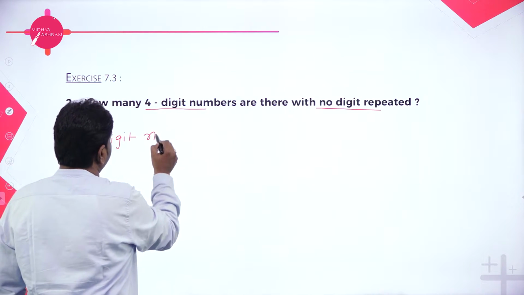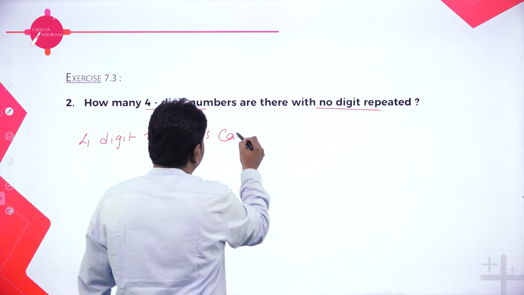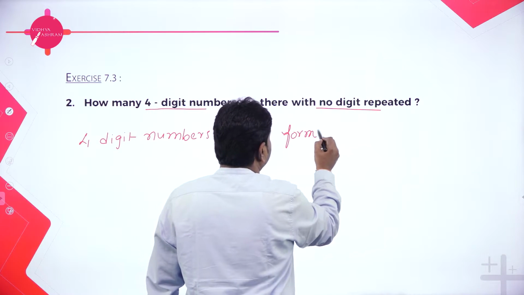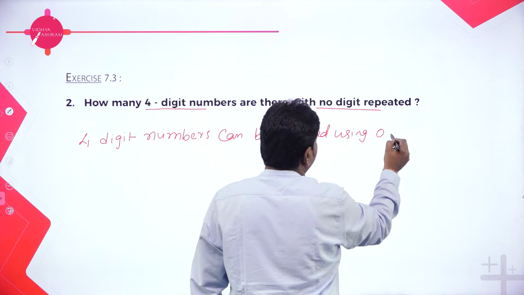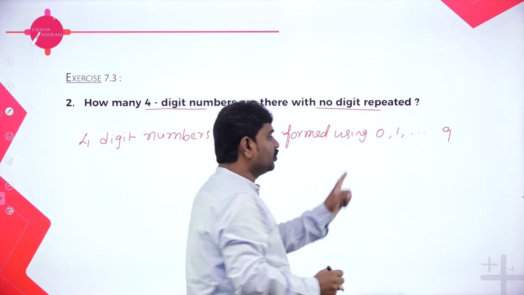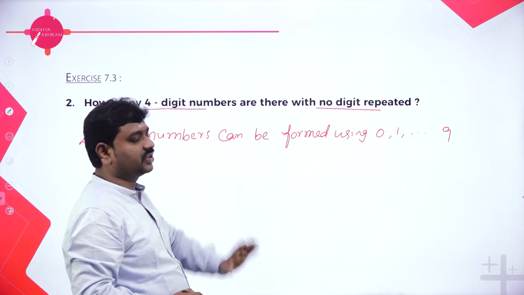To form any number, we use 0, 1, 2 till 9. You have to use any one of the digits: 0, 1, 2, 3, 4, up to 9. That's a total of 10 numbers.